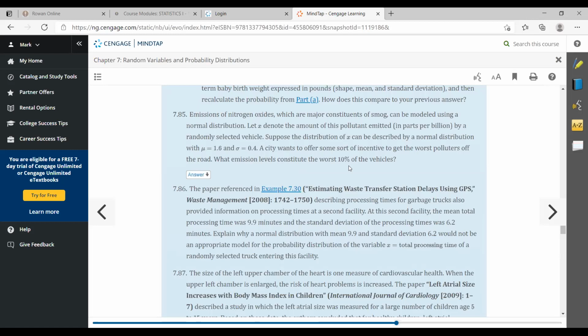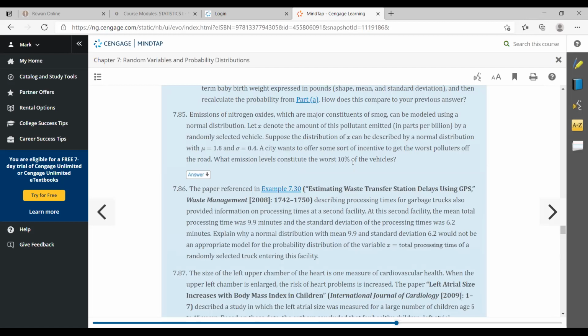This is pollution here. Is this an upper tail or lower tail question? That's what I want you to answer. Lower tail. Anybody else? Now, obviously, the other answer could be upper tail. Why did you pick lower tail? Because it said the worst 10%.